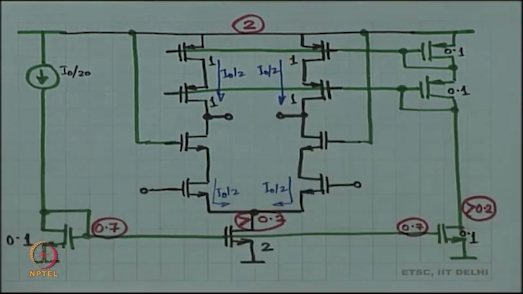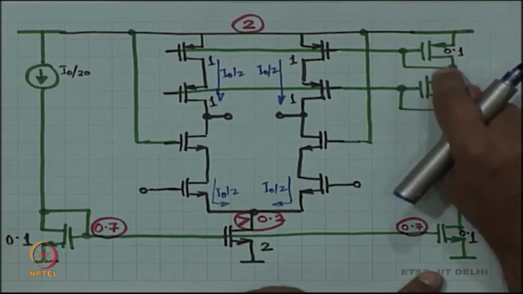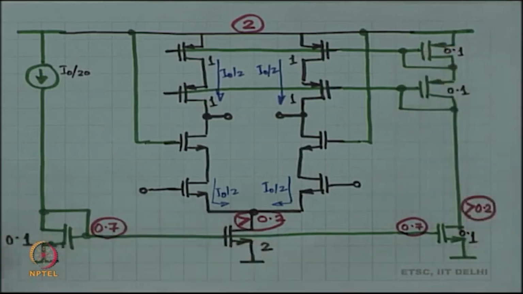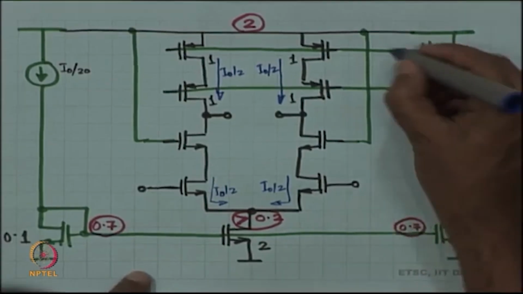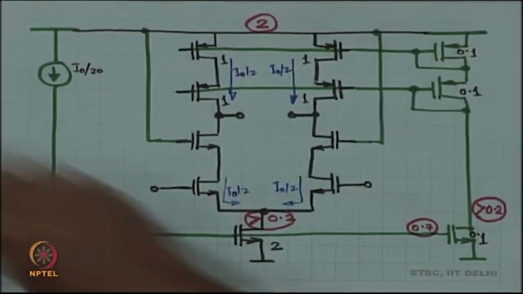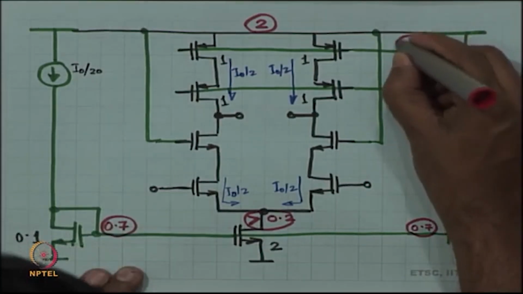So, this is my overall scheme of things. Minimum voltage here is 0.2, okay, but this particular PMOS will require 0.6 volts of VSG, right, because we picked VT as 0.4, which means that the voltage at the gate of the top PMOS is required to be 1.4.